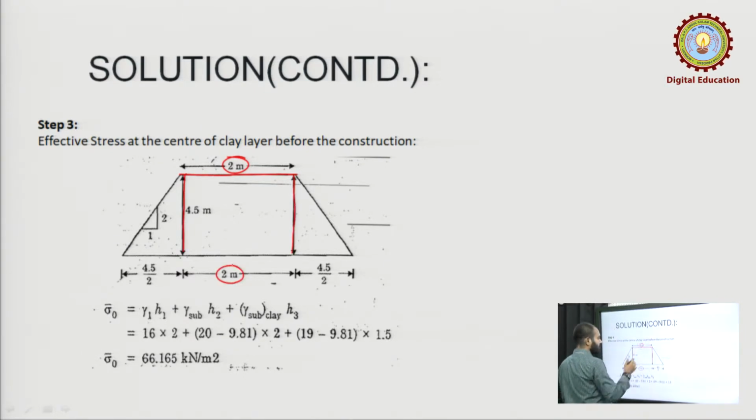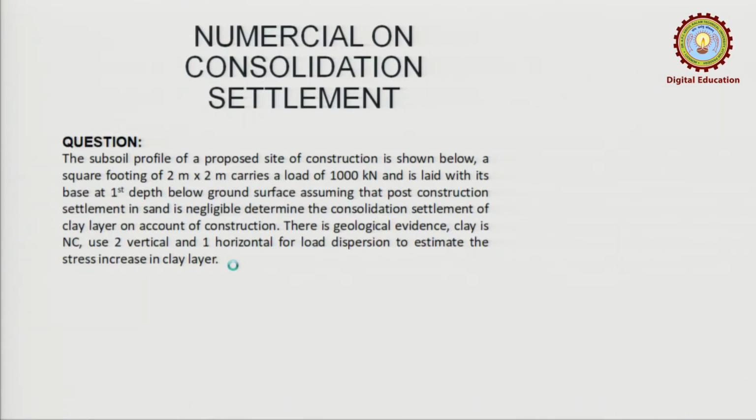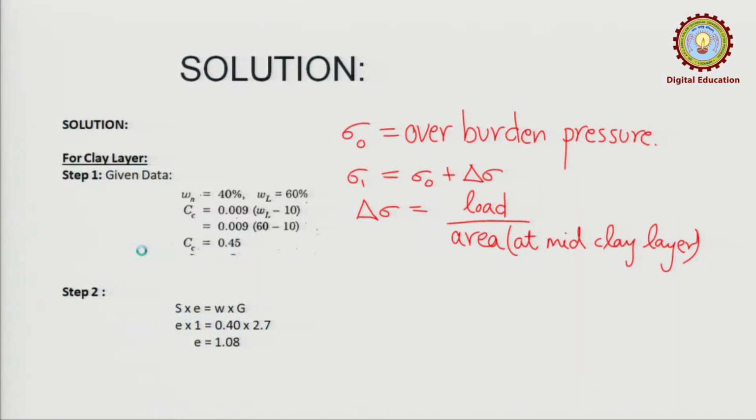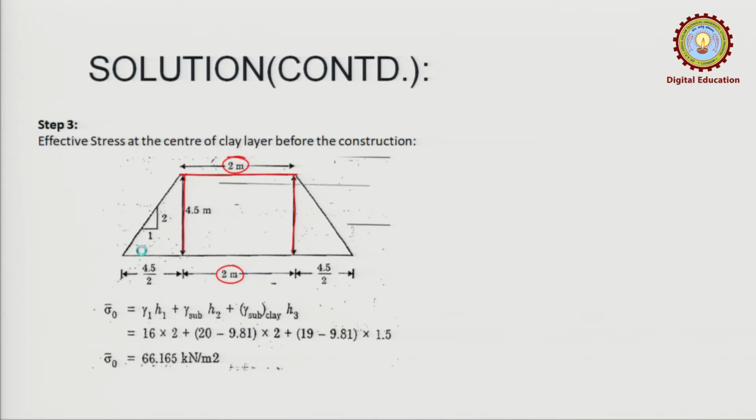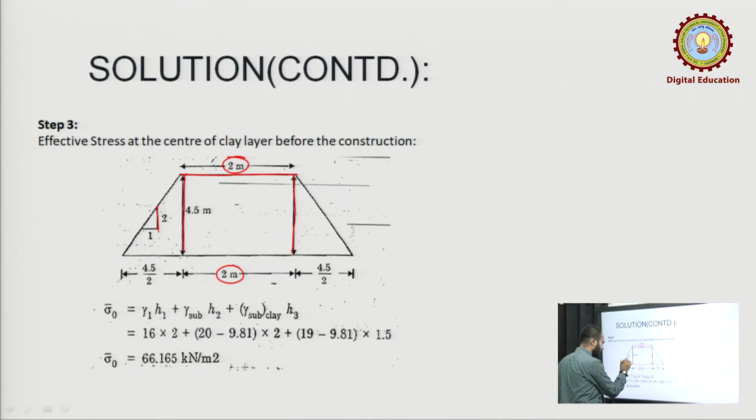Now if you remember what is written in the question, you can see 2 vertical and 1 horizontal load dispersion is to be used. So you can see 2 vertical, 1 horizontal, 2 vertical, 1 horizontal.